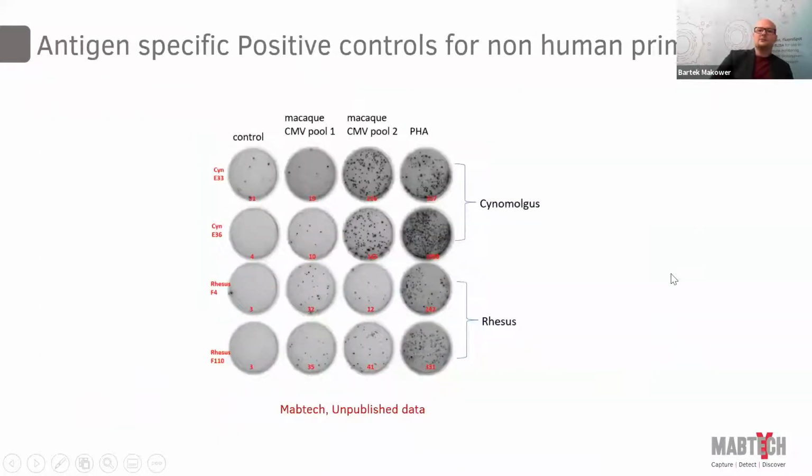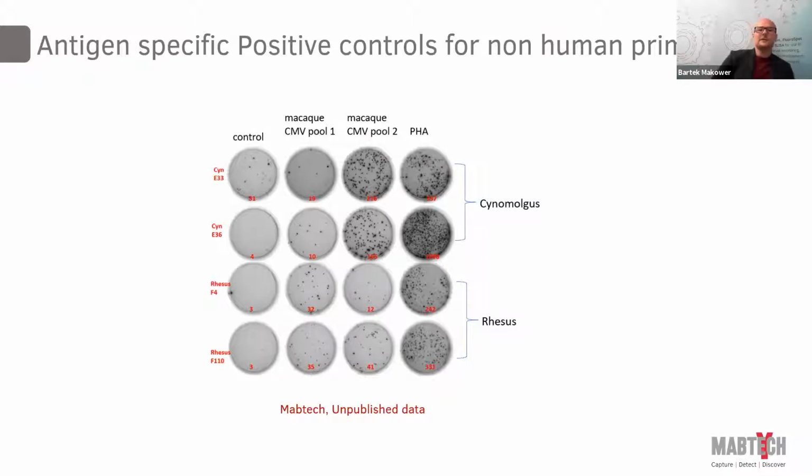You can also design positive antigen-specific positive control for non-human primates. Macaque is a common model. And macaques also have CMV, most of the macaques in captivity, but it's macaque CMV, it's rhesus CMV or cynomolgus CMV.